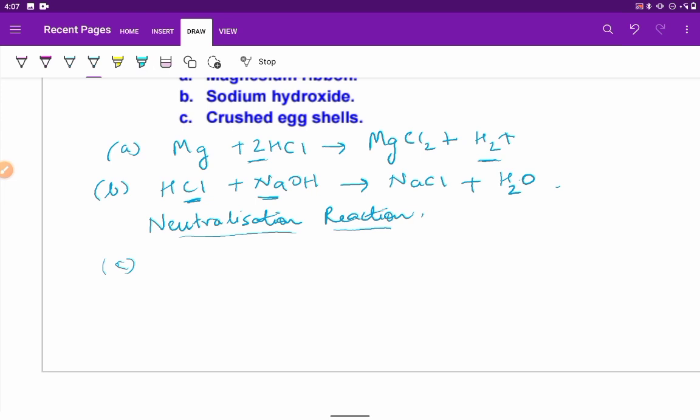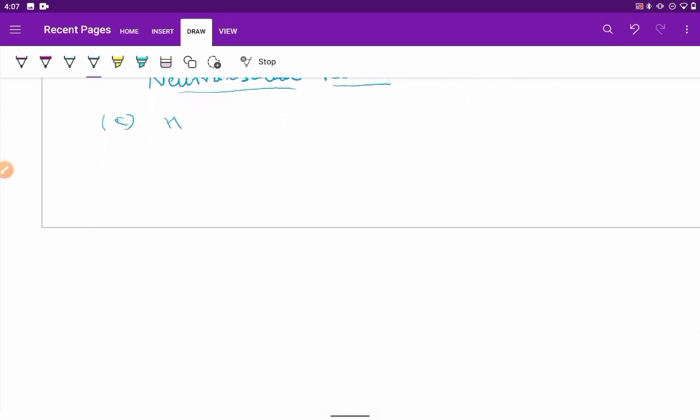So HCl plus calcium carbonate, CaCO3, will produce calcium chloride, CaCl2, plus H2O plus CO2. This is the gas produced.